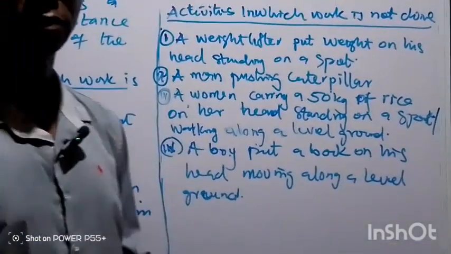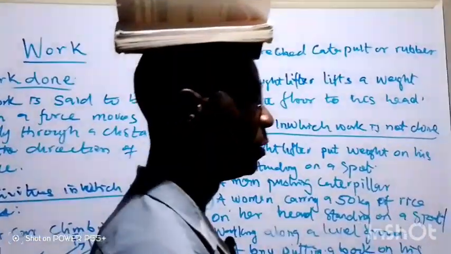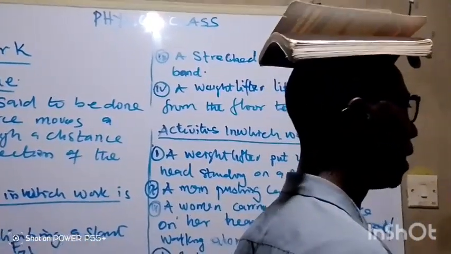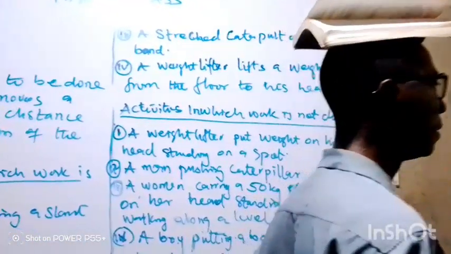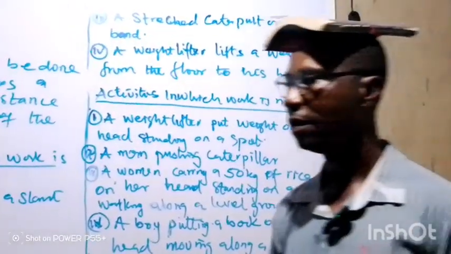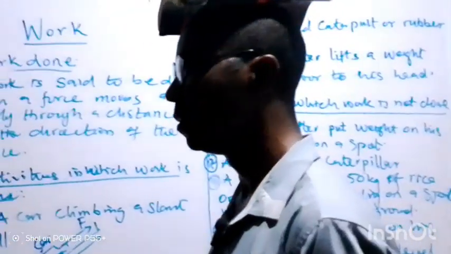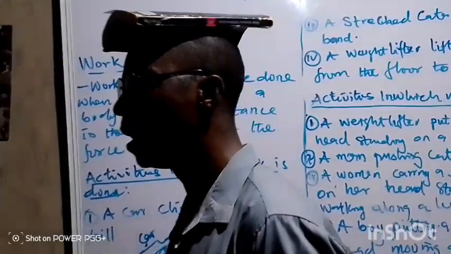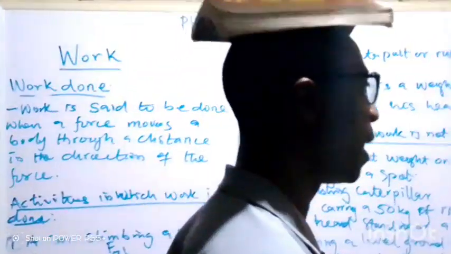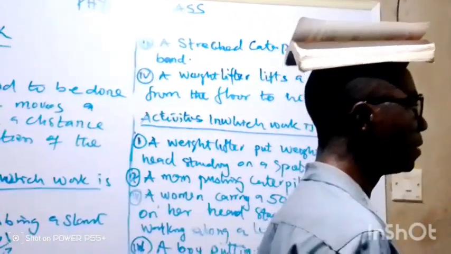Now, this is a book put on the head, moving along a smooth ground. Since this book has not moved a distance in a specific direction, no work is being done. If it is on the head like this for hours, no work is done. That is, the work done is equal to 0.